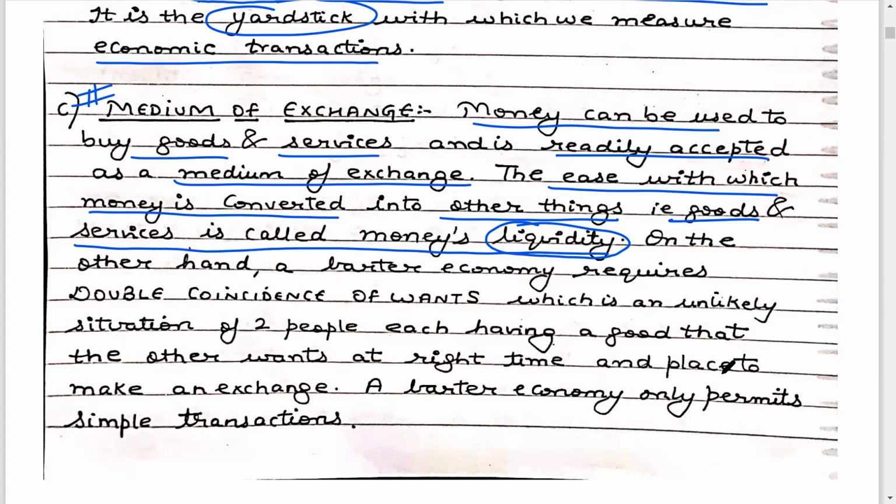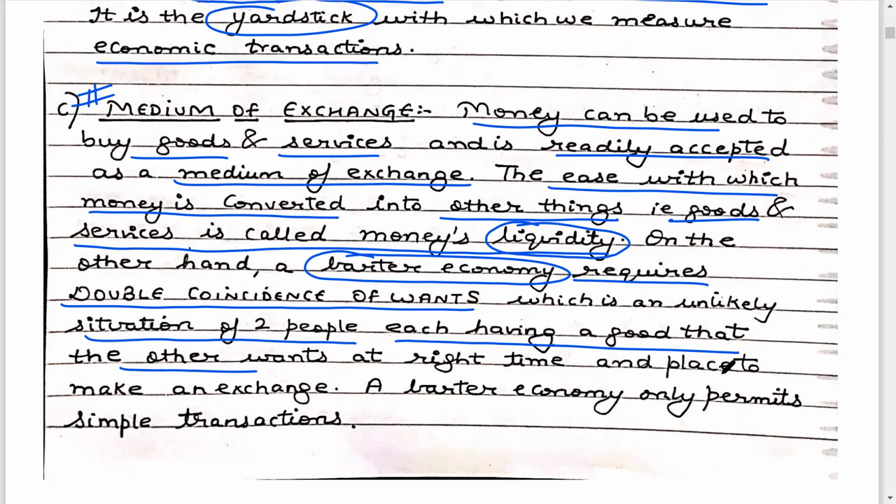But on the other hand, the barter system does not have liquidity, because I don't know as a farmer when I will be able to convert my wheat into shoes. So the barter system requires double coincidence of wants, which is an unlikely situation of two people each having a good that the other wants at the right time and place to make an exchange. So a barter economy only permits simple transactions.